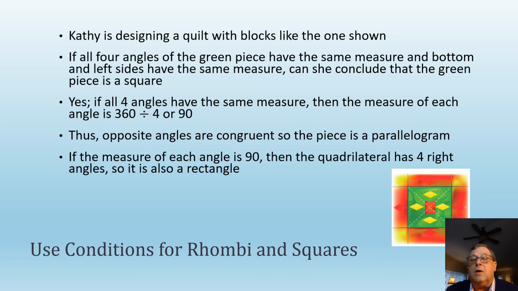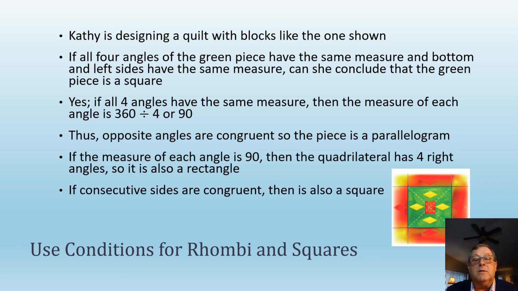So we know it's a quadrilateral. We know it's a parallelogram. We know that it is a rectangle. And so what's the condition that would lead us to conclude that this is in fact a square? Well, remember what it said about the bottom and the left sides? It said that they were congruent.